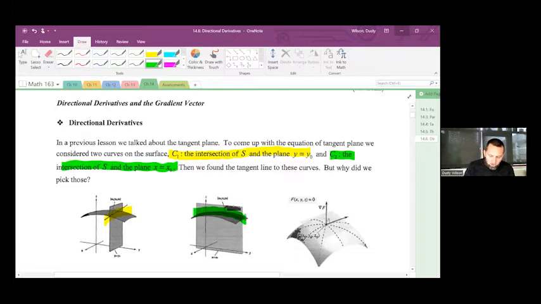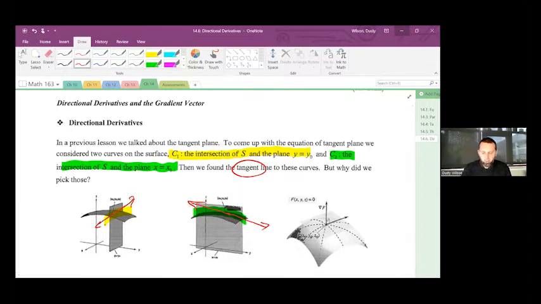And then we found the tangent lines to the curve. So that would be this tangent line, and I think a little hard to read through here, but looks like it'd be like that tangent line there. So we have our tangent lines, and we have our curves, and we have our intersection.